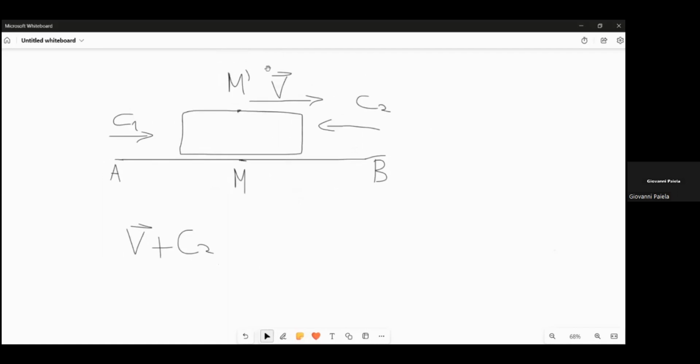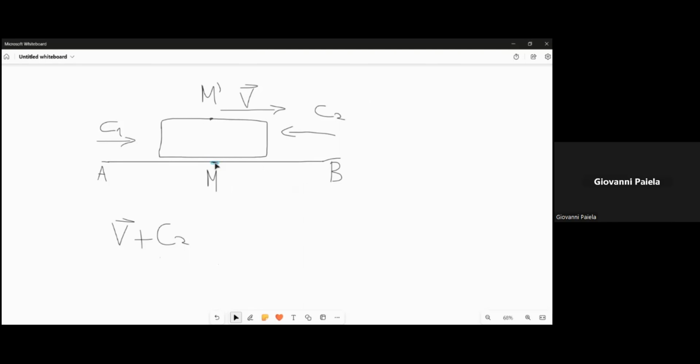Now, this is how Einstein explained it in his first paper on special relativity.